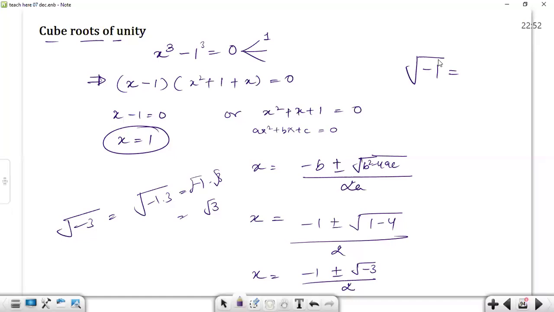You don't study. I forgot, sir. What are we studying in this chapter? Okay, just tell me, what is the cube root of unity? No. Complex numbers. Okay, complex numbers. So what is the solution of this equation? What is x here?